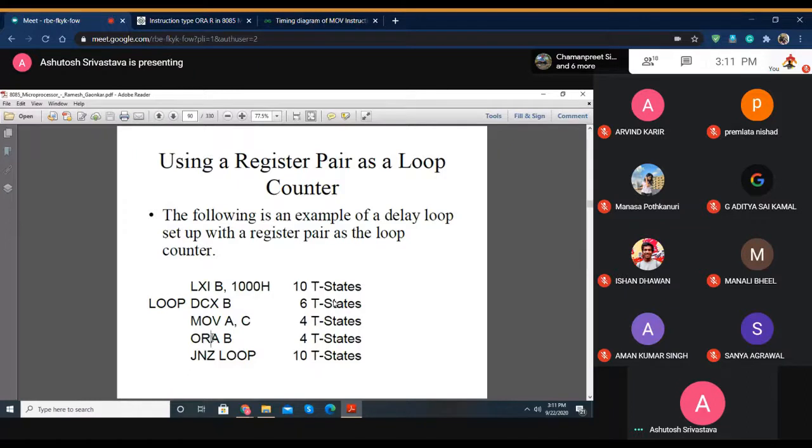Class? So ORing the data in the accumulator with the data in register B, with the values that exist in your register B. Correct. And that would take how many T states? 4 T states.